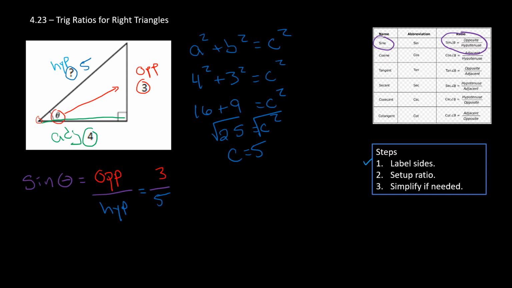We've labeled, we set up our ratio, and to simplify, 3 over 5 doesn't simplify anymore. So we are allowed to say that sine theta is equal to 3 over 5. Simple identification. Cool.